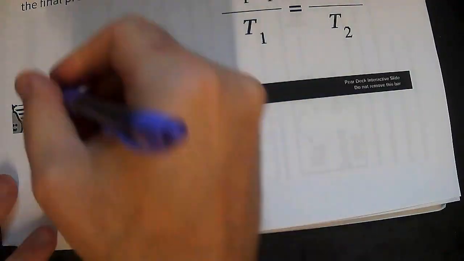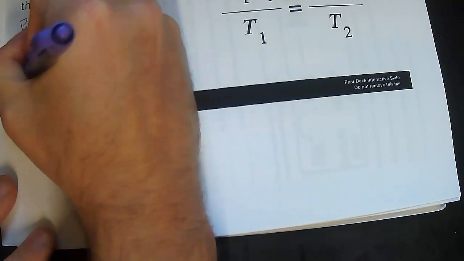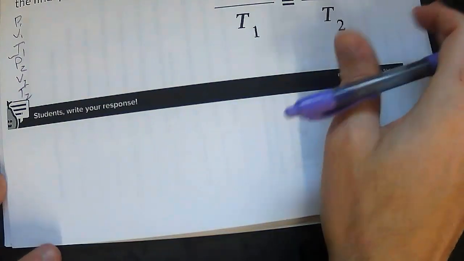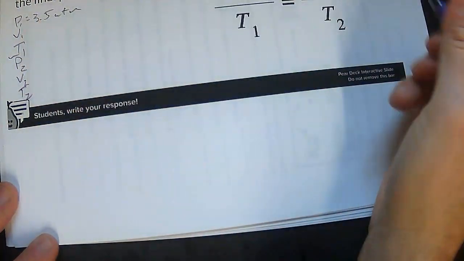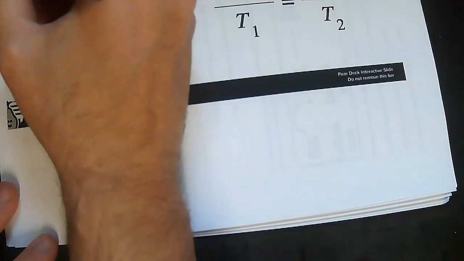Again, we'll do P1, V1, T1, P2, V2, T2. We'll split them up. It says a gas has a pressure of 3.5 atm. The temperature of the gas is reduced to, so here's the change.